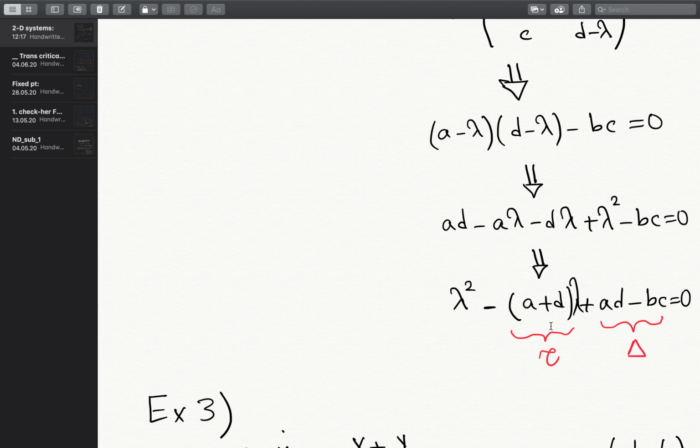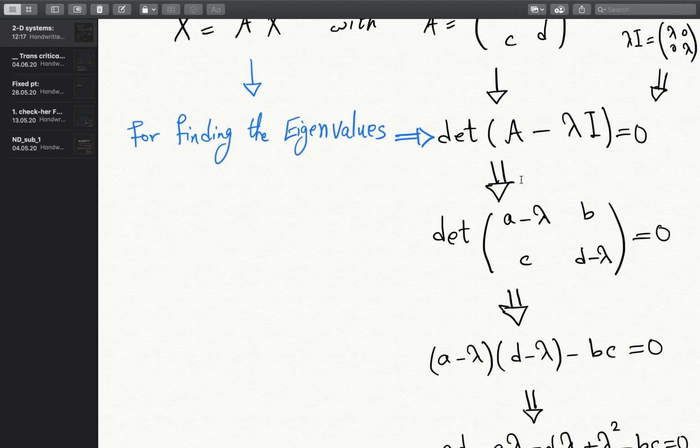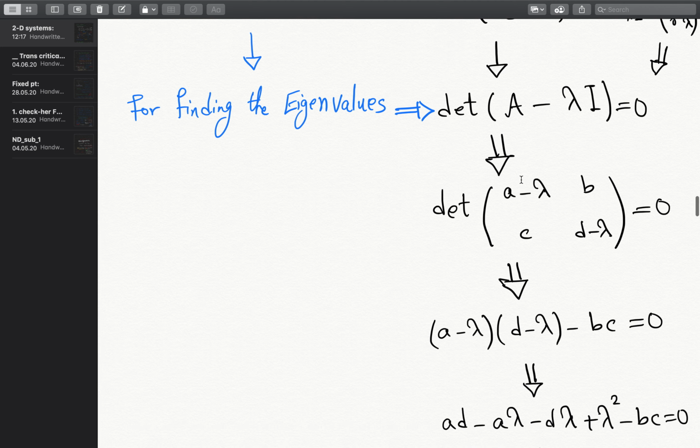The eigenvalues, I can just tell you like this. If we have a linear system, and if the eigenvalue, right? This is not a vector. This is a value. This is like a scalar. Lambda is kind of a scalar. It's a number.